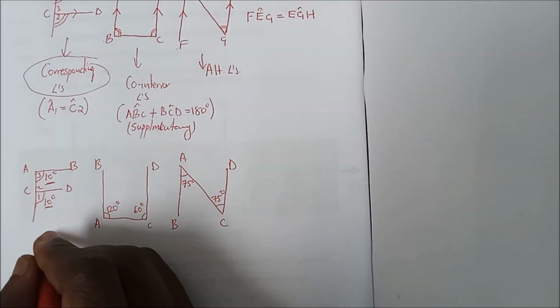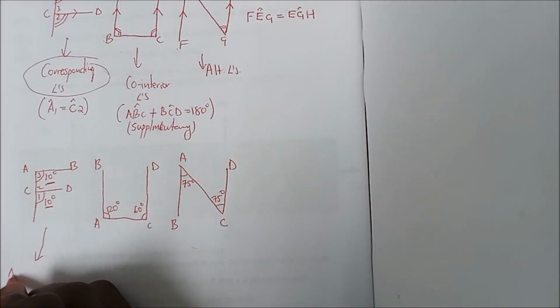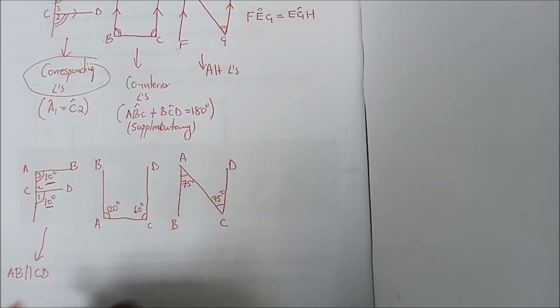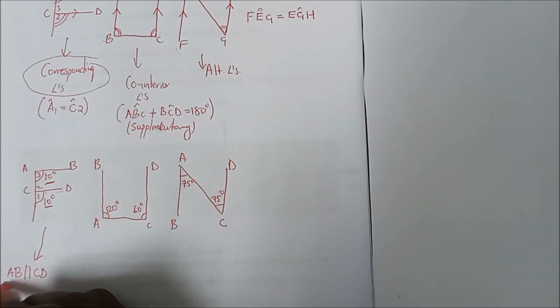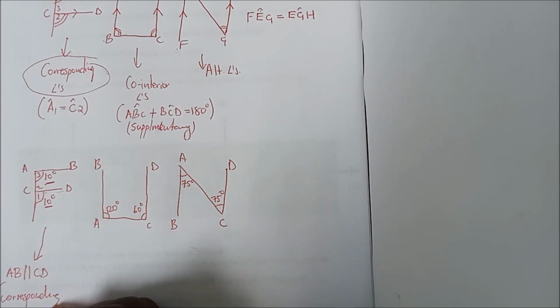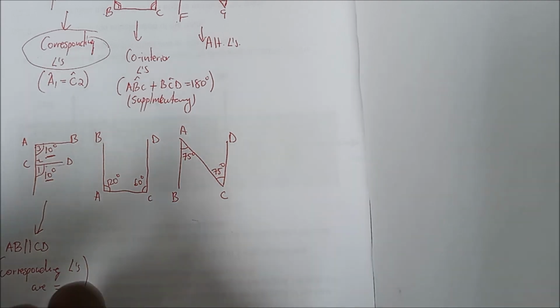So now, what will be the conclusion? The conclusion will be AB is parallel to CD. Why are we saying AB is parallel to CD? Simply because corresponding angles are equal. So that's the conjecture in Euclidean geometry. If you don't know that two lines are parallel and you want to prove it, find two pairs of corresponding angles.